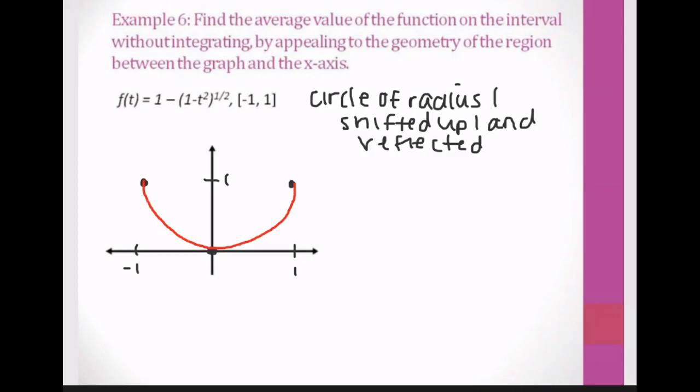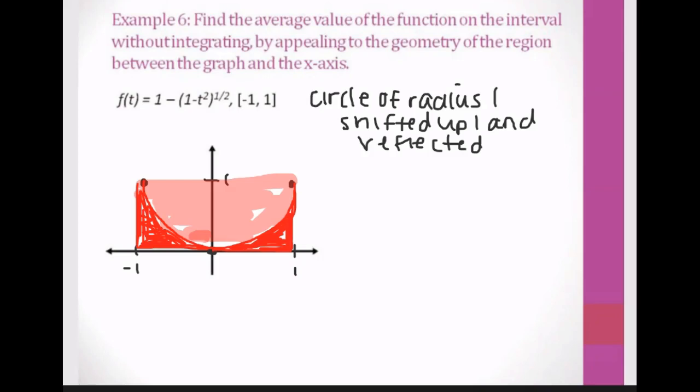So remember that the value of the integral represents the area between the curve and the x-axis. So this is not a triangular region because this is a curve. So what we have to do is actually find the area of the rectangle and subtract the area of the circle so we can get the area of the darker shading.